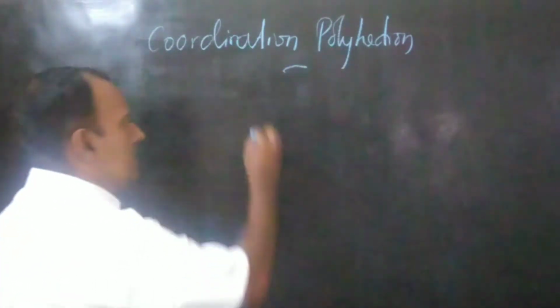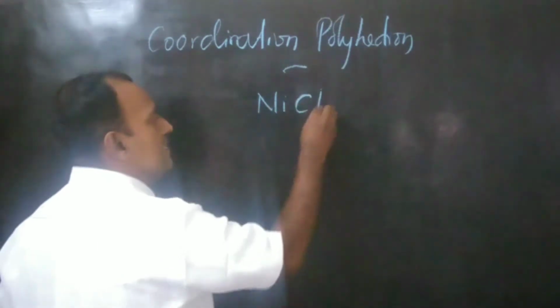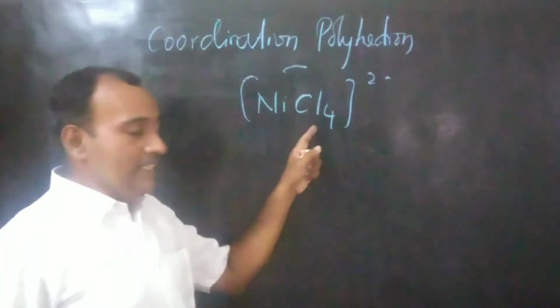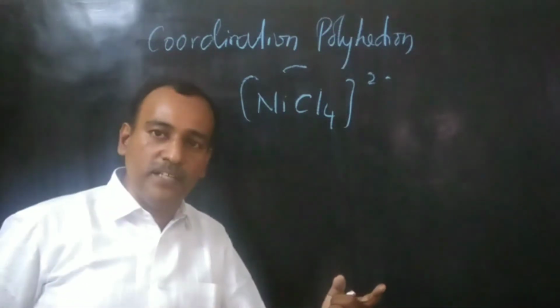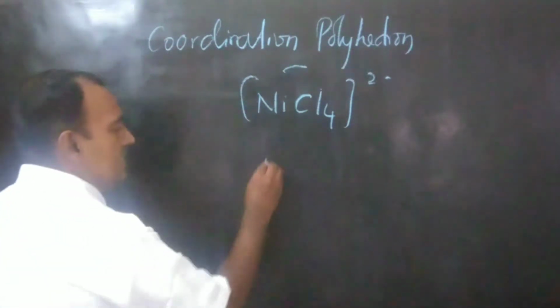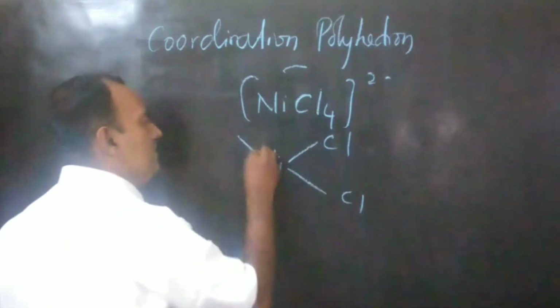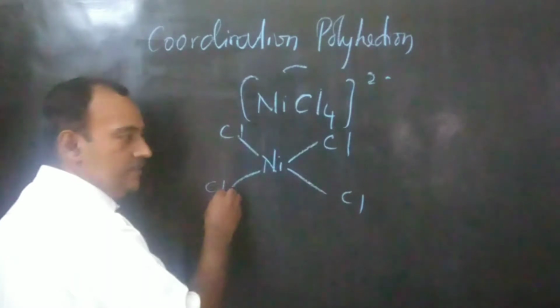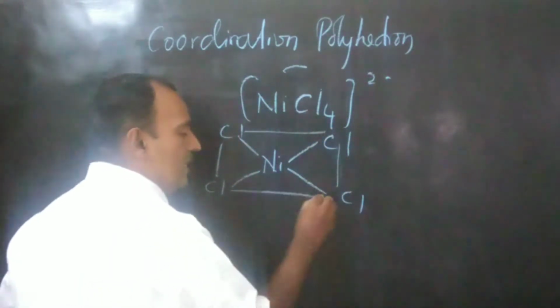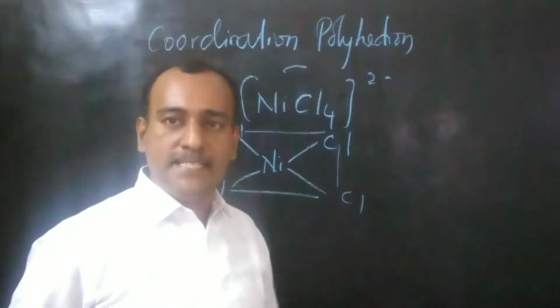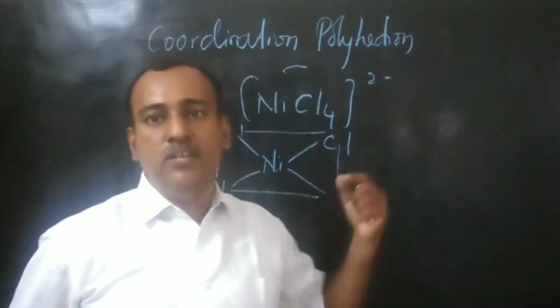For example, consider [NiCl4]2-. There are 4 ligands present. How are these 4 ligands arranged? These ligands are arranged around Ni as Cl, Cl, Cl, Cl. So the structure of the complex is square planar. So the coordination polyhedron is square planar.